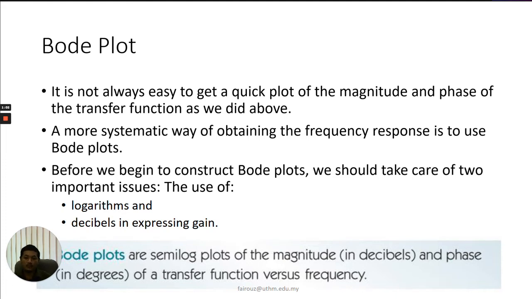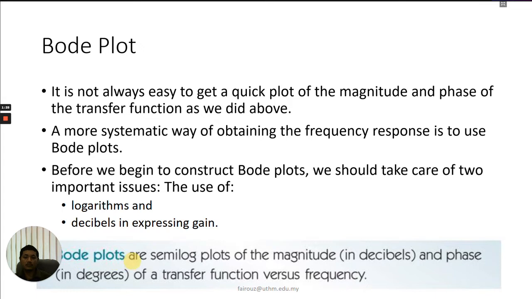Before we construct Bode plots, we should take care of two important issues: the use of logarithm and decibels in expressing gain. These two are important in order for you to plot using the Bode plot method.